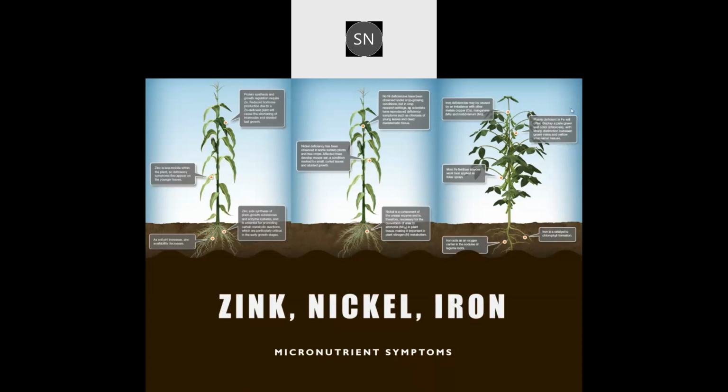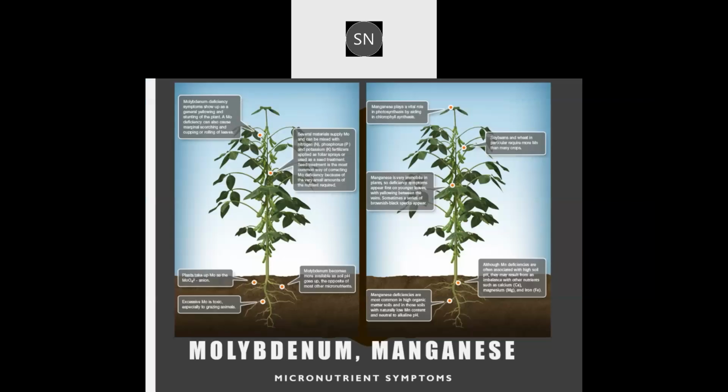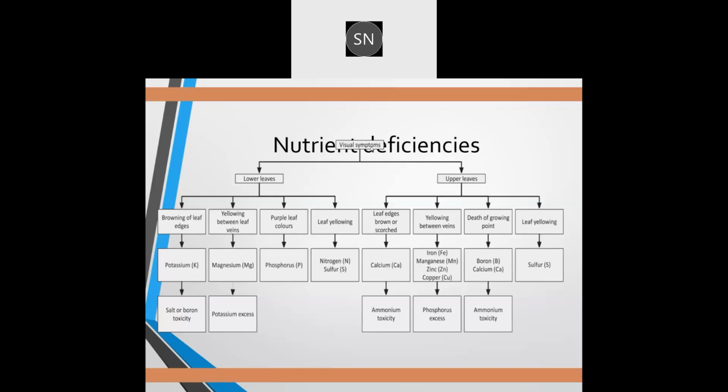If not enough, you can see the leaves always facing downwards, and you will have lesser yield. This is our molybdenum and manganese. This slide we already covered in our labs.